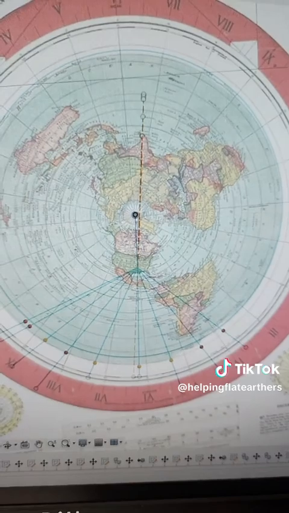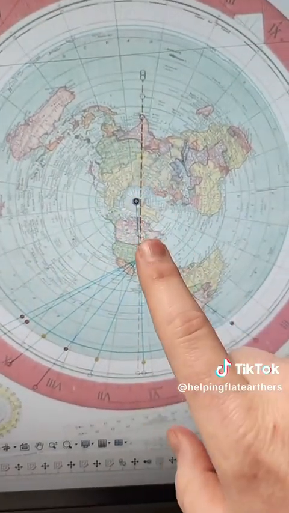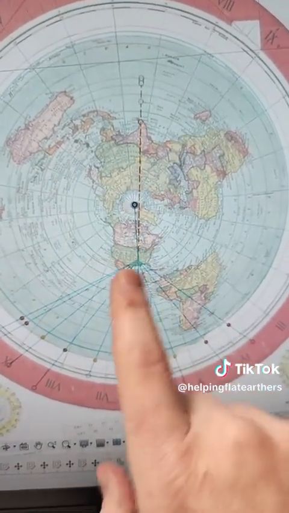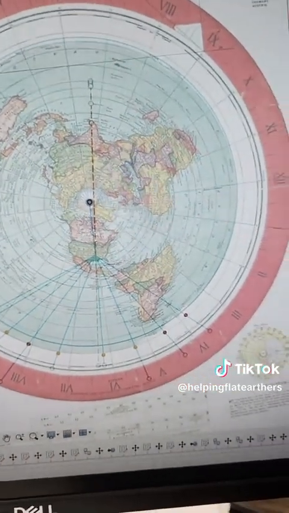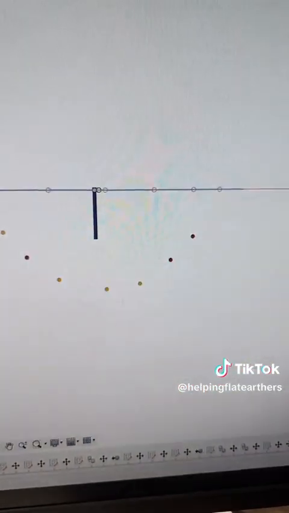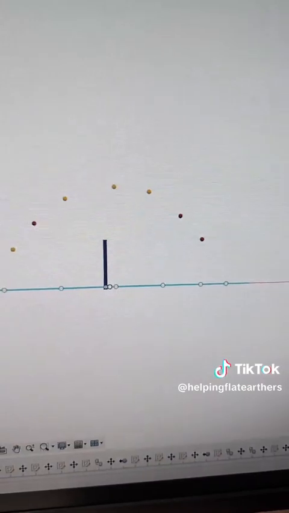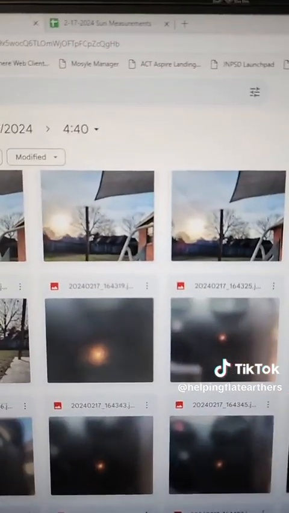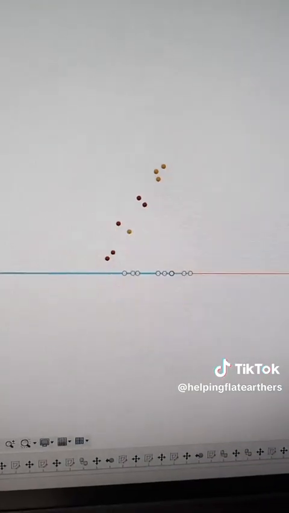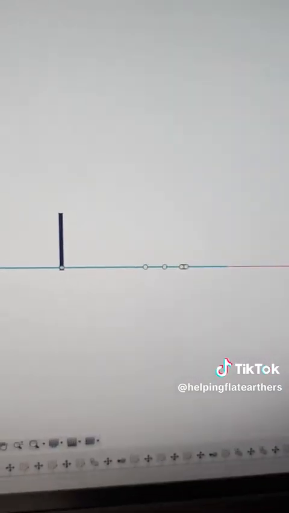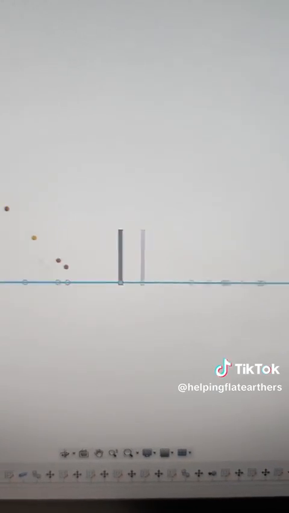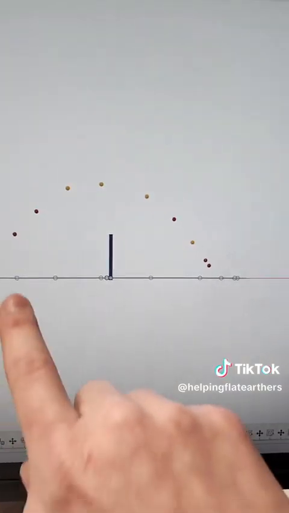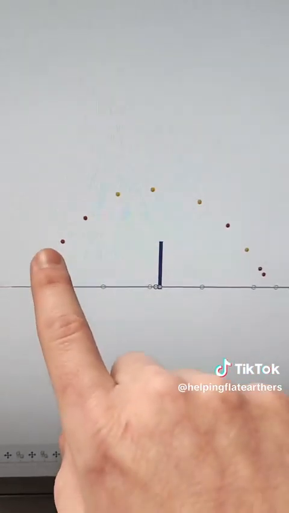But this is where the sun is with the compass headings lined out here, and the elevations of the sun. Let me get to the side view again. Elevations of the sun as per these photos, just plotted in. So yeah, that's how I did it. And that's how I recommend everybody do it, really.